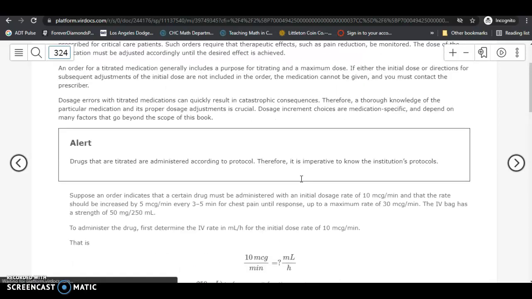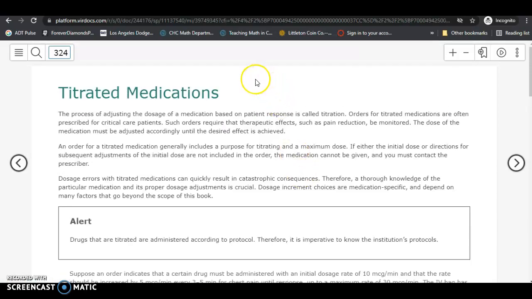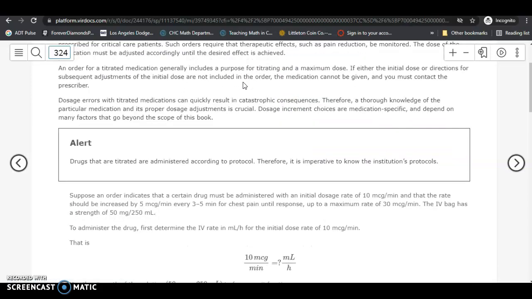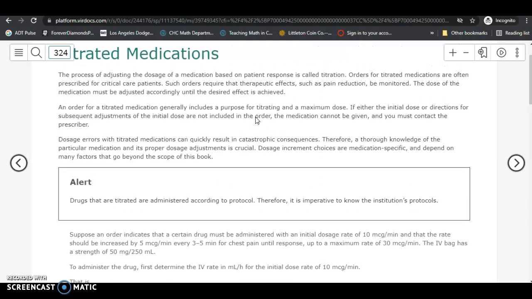With problems that involve titrated medications, there is an initial dose, and usually these types of medications are given through an IV. So there's an initial dose, a dose rate at which the patient is receiving the medication.